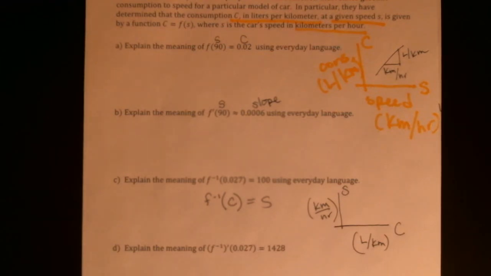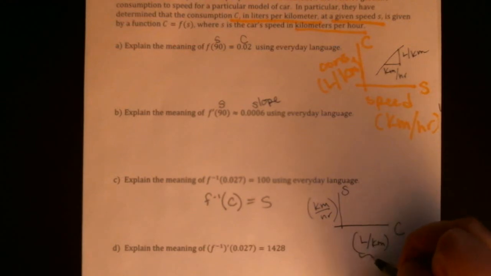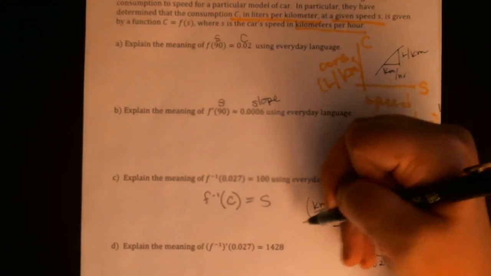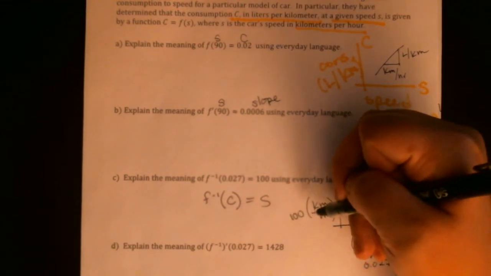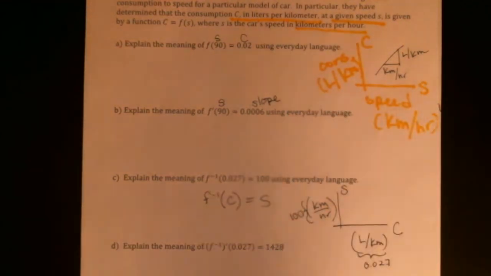So if I am inputting 0.027, that's my fuel consumption. And if I'm outputting the 100, that's my speed. So this is telling me that the fuel consumption will be 0.027 liters per kilometer when the car is traveling at 100 kilometers per hour.